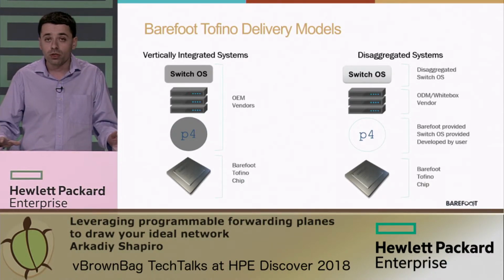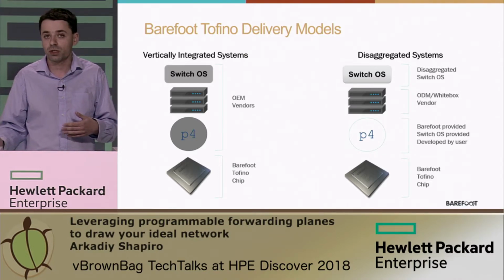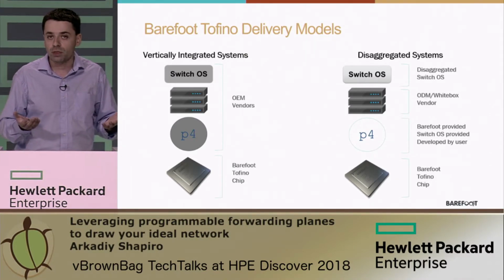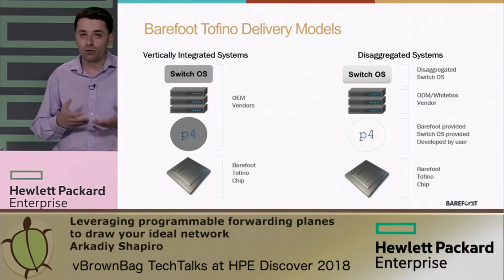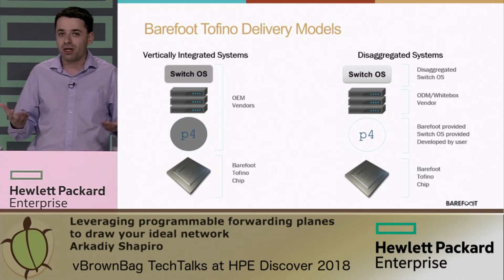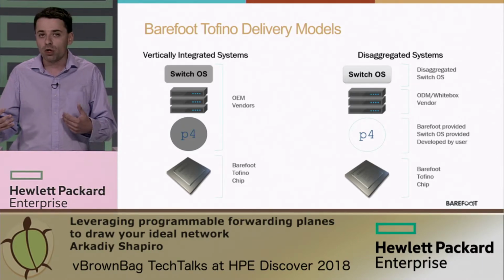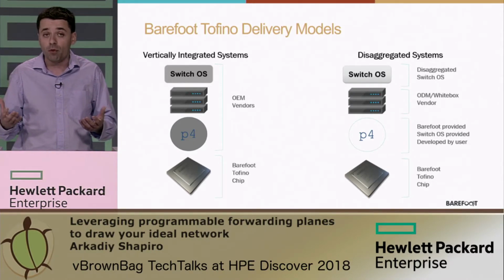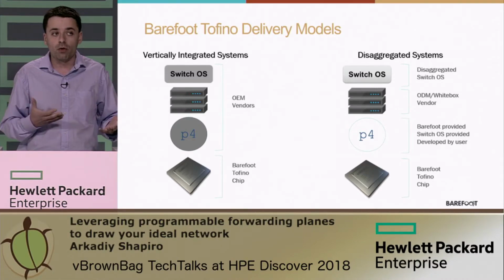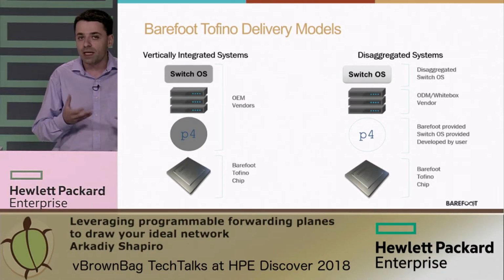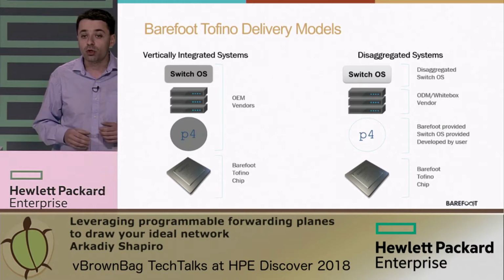There are some commercial solutions and some open source solutions. Obviously, with open source solutions, it's more of a do-it-yourself model. You get to change how the operating system looks and feels, and with access to our software development environment, you get to change the P4 program yourself. But of course, you do have to have some engineering resources to do that.